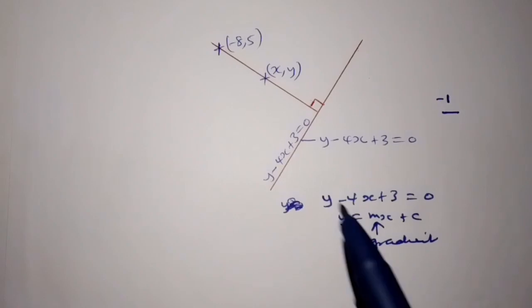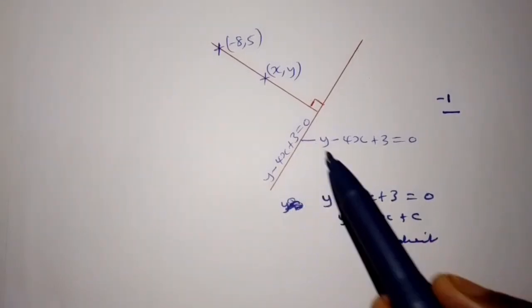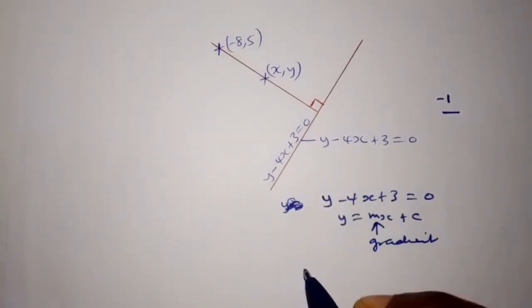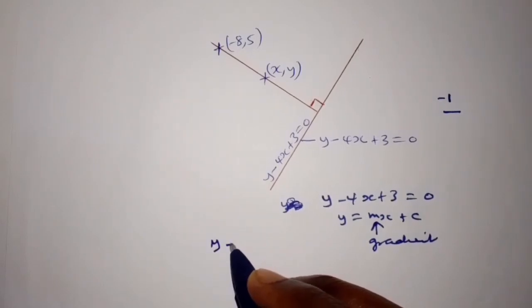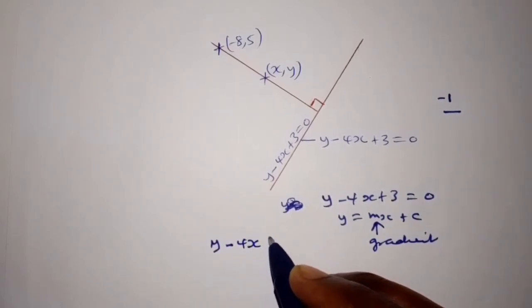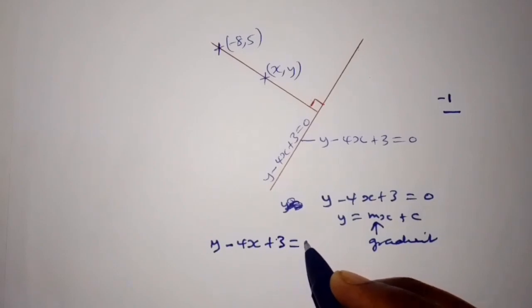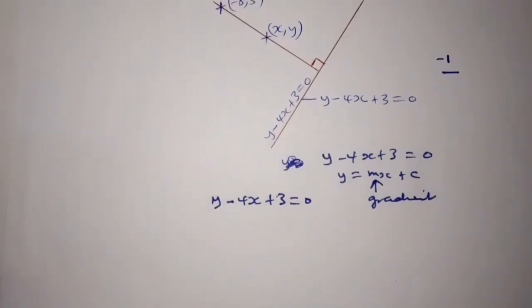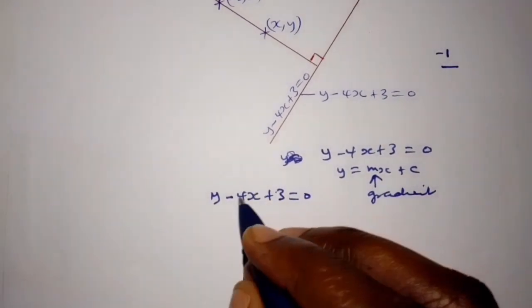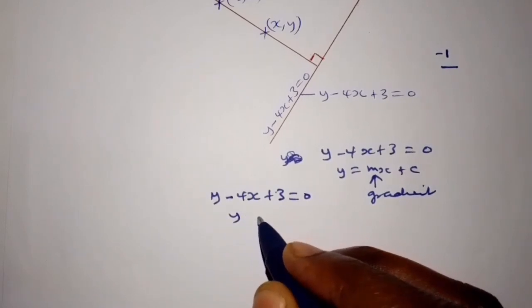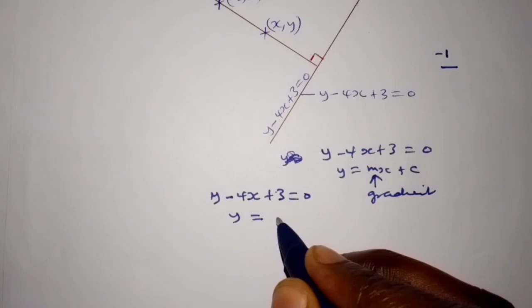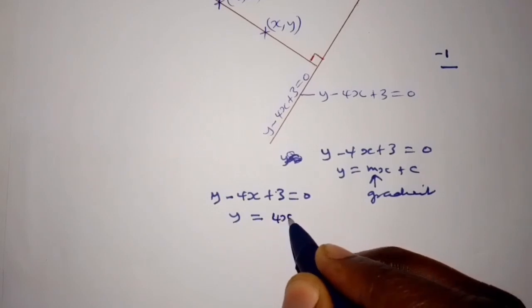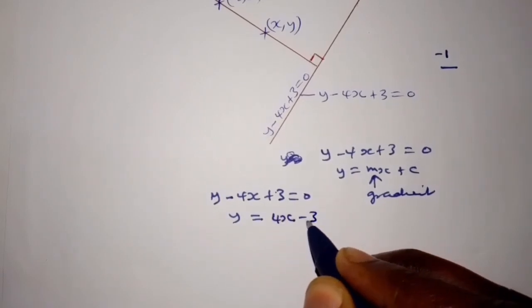So now let's find the gradient of this line. Y minus 4x plus 3 is equal to 0, so y is equal to 4x minus 3.